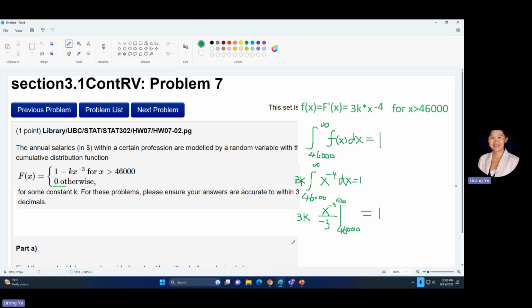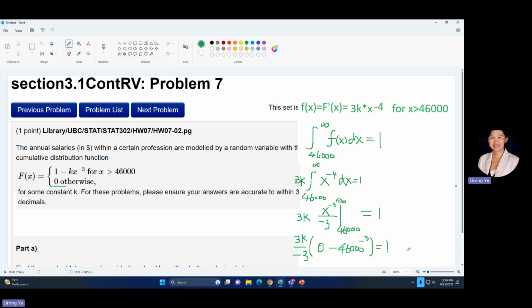So this is going to be 3k over -3, times 0 minus 46,000 to the power of -3. Since it's 0 minus something, that makes a negative times a negative, which is a positive number. Also, the 3 in the numerator cancels the 3 in the denominator.